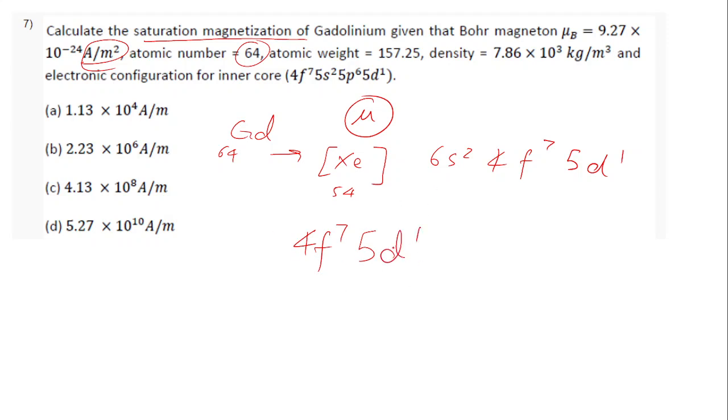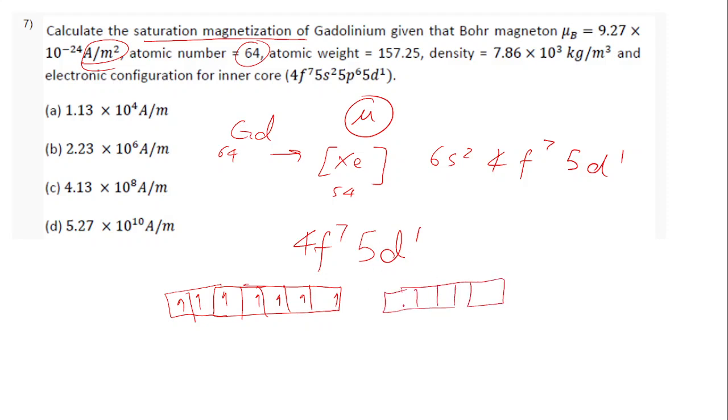These are the outer shells in which we have unpaired electrons. And f, we know, has 7 orbitals. So all the orbitals are singly occupied by electrons. That means no pairing is there. Then in d, we know there are 5 orbitals, and there is only one electron in it. So the total number of unpaired electrons will be 7 plus 1, that is 8.